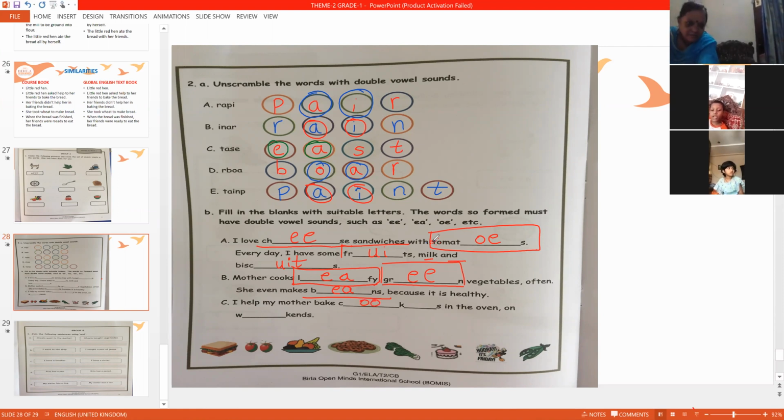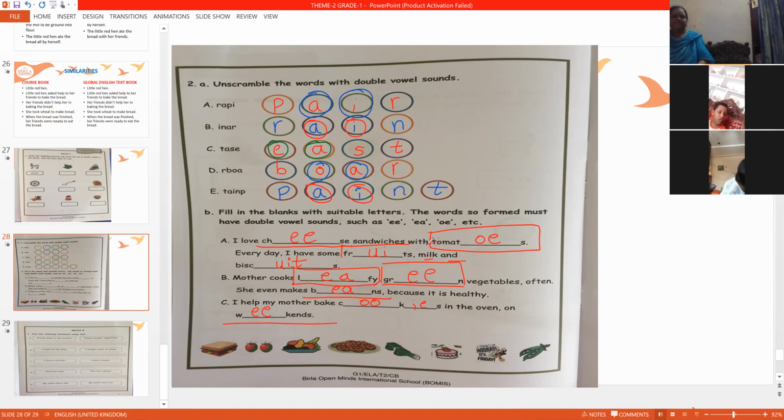Yes. Cookies. In the oven. On dash. What is this? Weekends. Very good. Weekends. Very good, children.